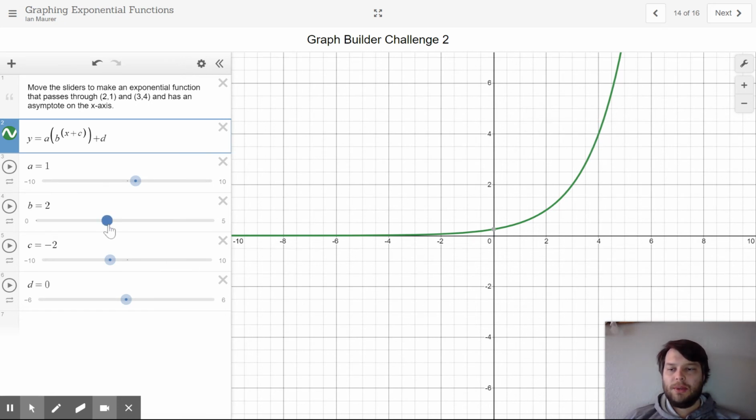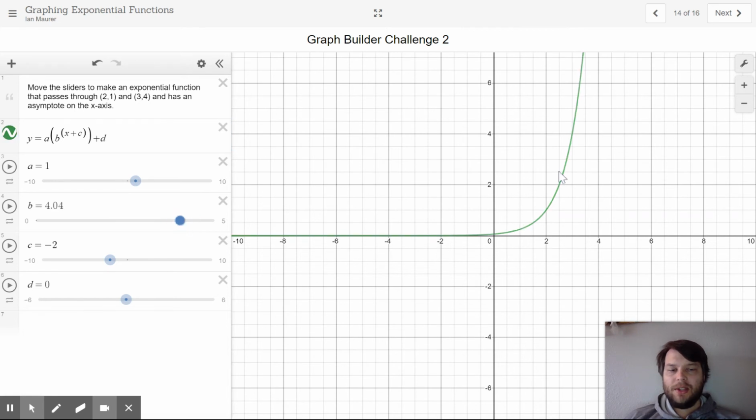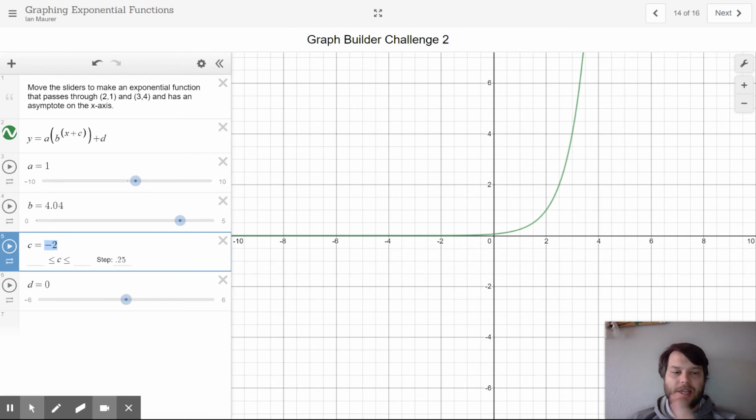So let's mess around a little bit more. Can I get this to go through (3, 4)? Oh, it looks like we're almost there. I think if I hit B equals 4, it should be right on it. Now, why does that work? When you adjust the C value, it shifts things horizontally.